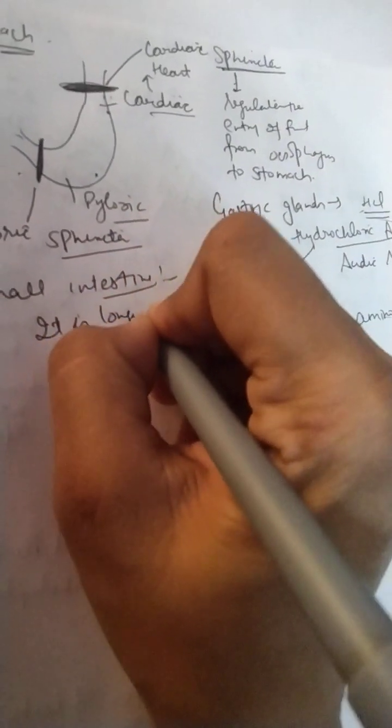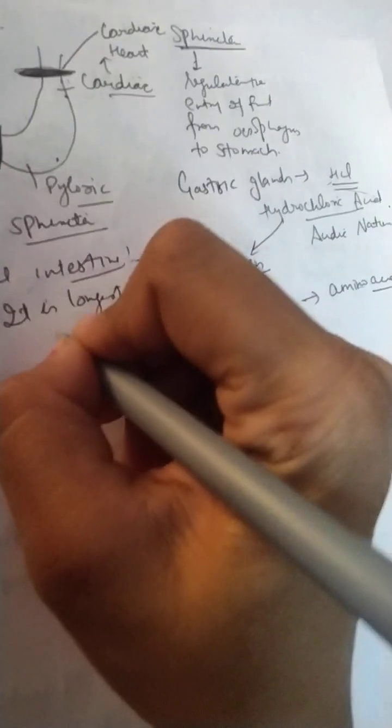Next part is the small intestine. It is the longest part of the alimentary canal. Its length is approximately 6.25 meters. It is so long, but why is it called the small intestine?